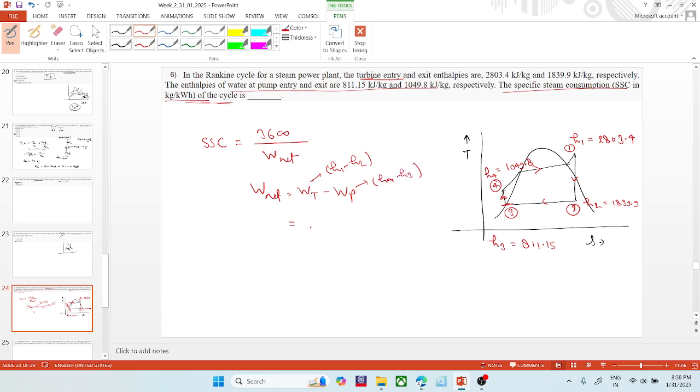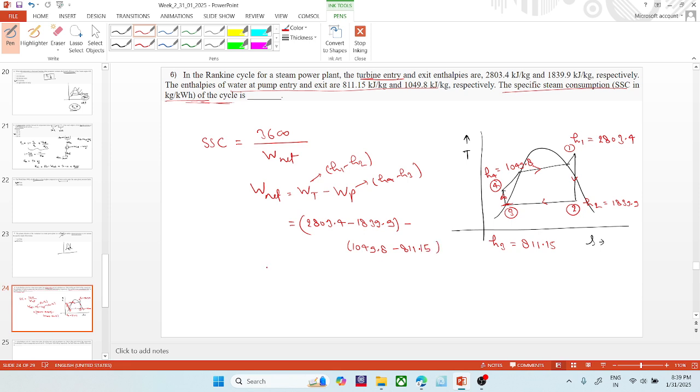You just have to write the values like this. H1 minus H2, 2803.4 minus 1839.9, minus H4 minus H3, 1049.8 minus 811.15.